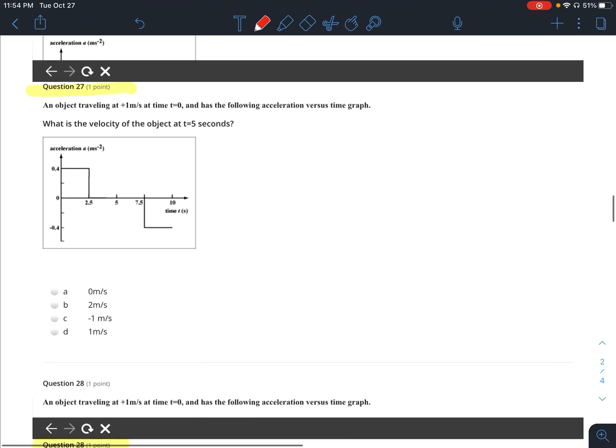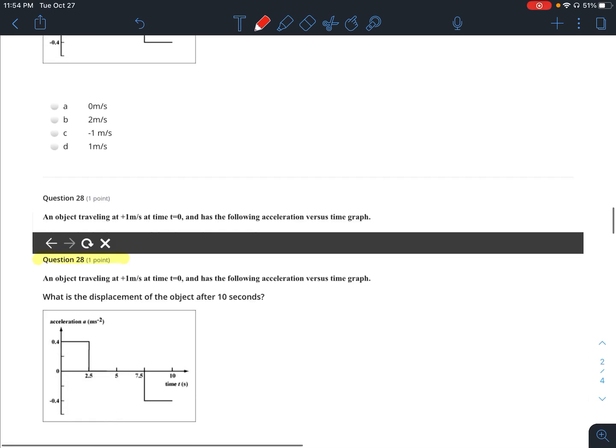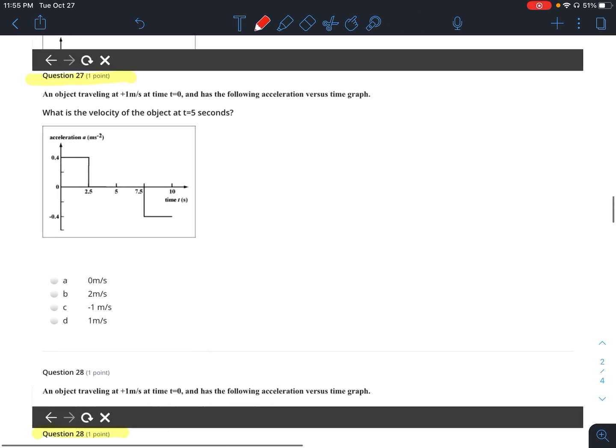So this one, we're looking for the velocity at 5 seconds. So 27 is going to be a little bit easier, and 28 is going to be more lengthy. We want to know at 5 seconds how fast we're going.